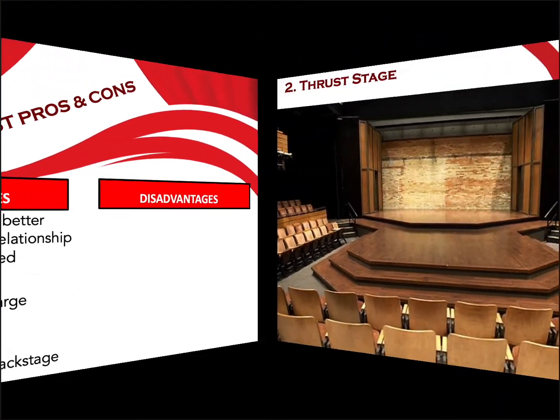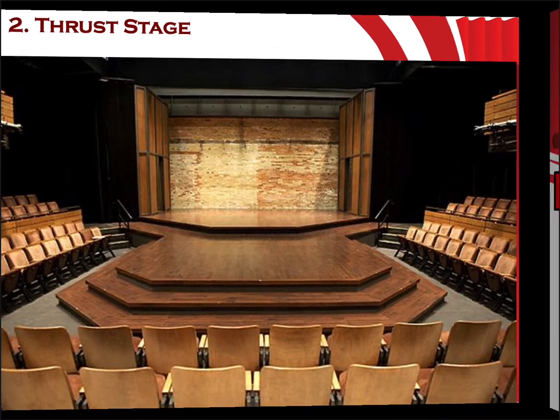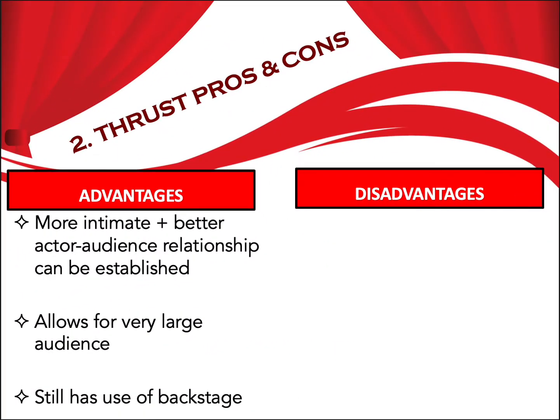So just going back very quickly here, off through these side exits, you will have a backstage area. So that is a plus because there's always a lot of things happening backstage, and we quite often want them to be close to where the main action, the performance, is happening.